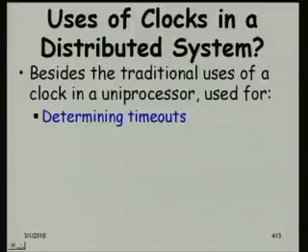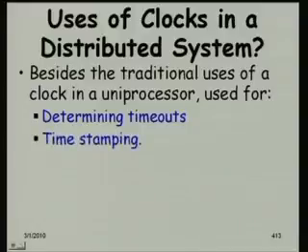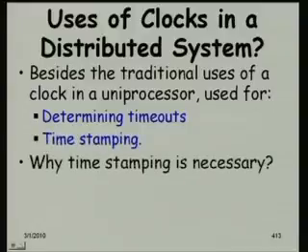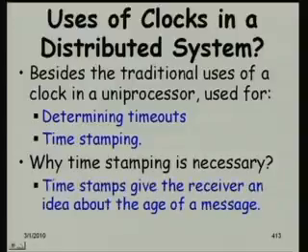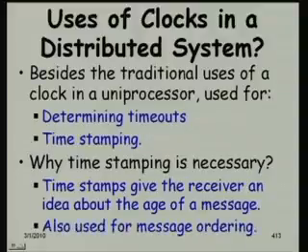But in a distributed system, we need to determine the message timeouts. You can't keep on waiting for messages and it will time out. And also timestamping, as you had said, and the timestamps give an idea about the age of the message, that also you had said, and you can order the messages.